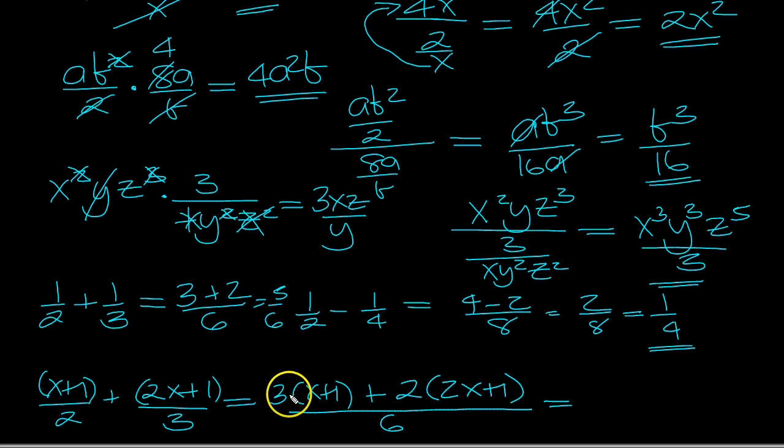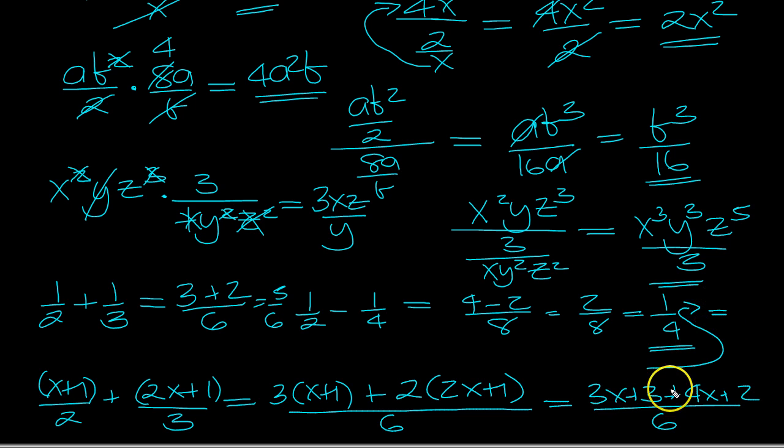Expand the brackets then, 3x plus 3, and then 4x plus 2, plus 4x plus 2 over 6. And now we can write down that would be 7x, I'll just put it here. So it would be 7x plus 5 over 6.